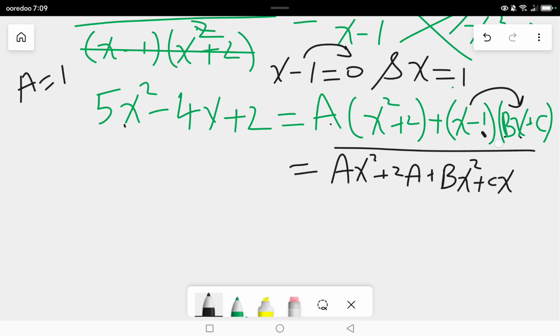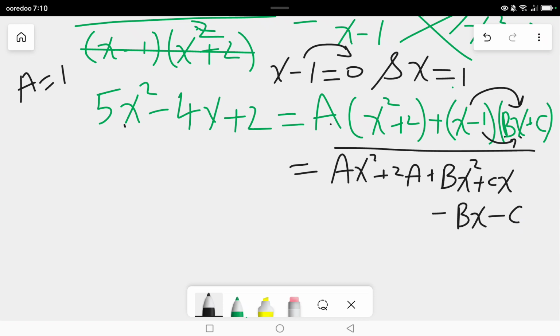Then 1 multiply bx, minus bx. Then minus 1 multiply c, minus c. Clear? So what I did, I just multiplied.